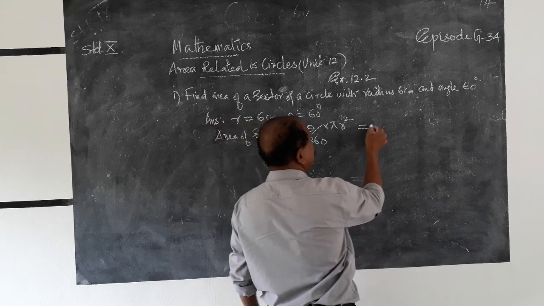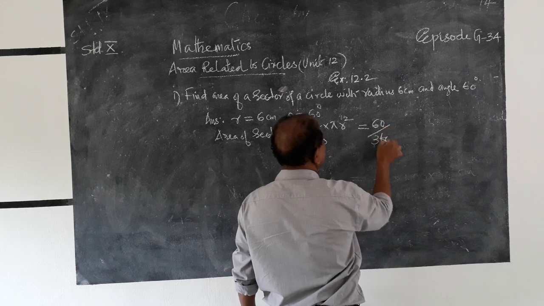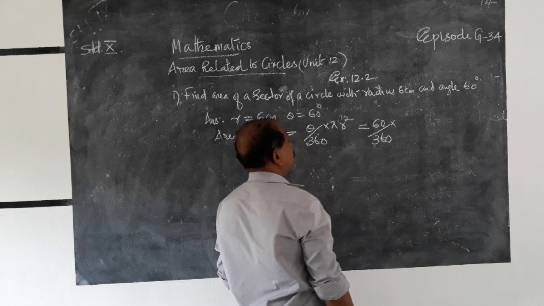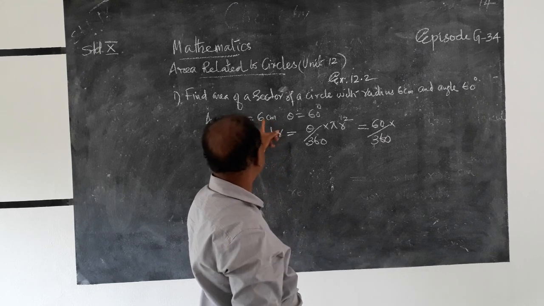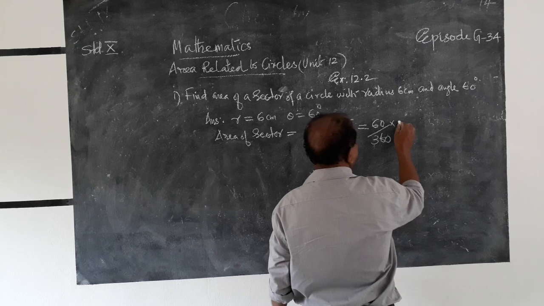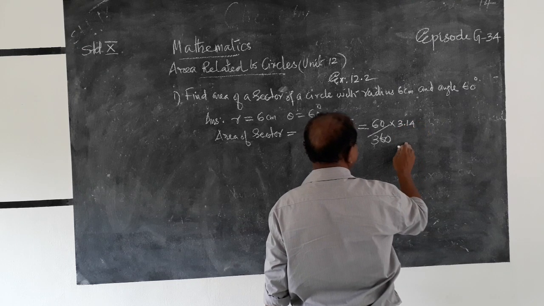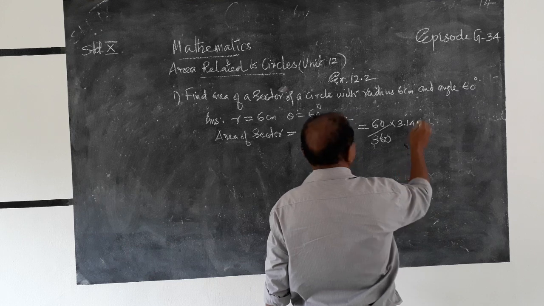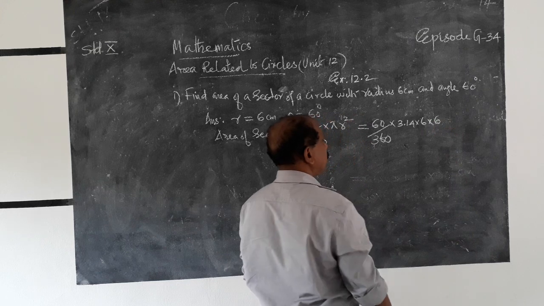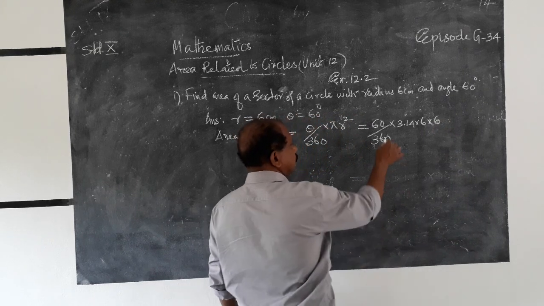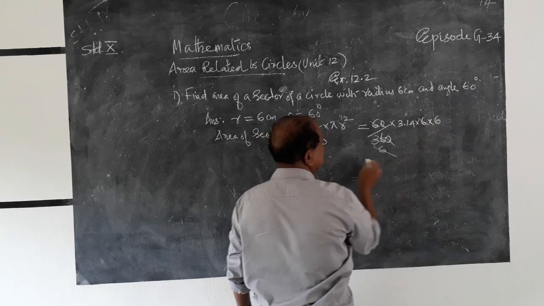That is equal to 60 by 360 into pi, 3.14 since R is 6, into 6 into 6, 6 6 cancels.